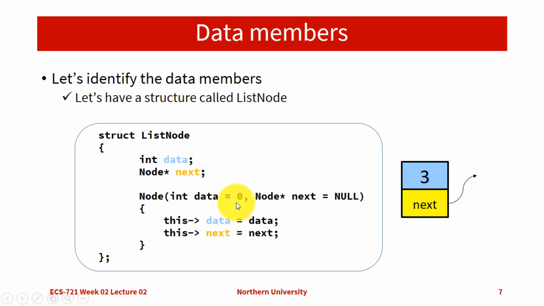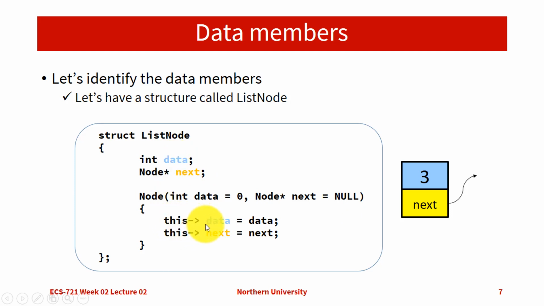And this is the syntax for doing it in C++: the assignment operator, and then the default value, then comma, then the next parameter, assignment, and the default value. So our next pointer of the node will have the default value of null, and the data variable will have the default value of 0. And because the names of the local parameters and the names of the members of the node are the same, I'm going to use the this pointer.